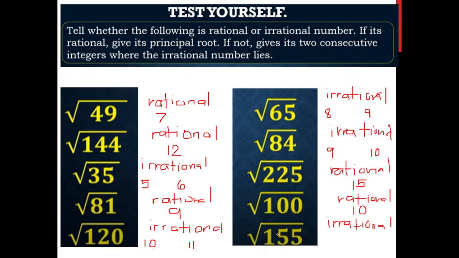The first perfect square before 155 is 144, which is 12 times 12. Obviously, the next consecutive number after 12 is 13, and 13 times 13 is 169. So 155 is in between 144 and 169.